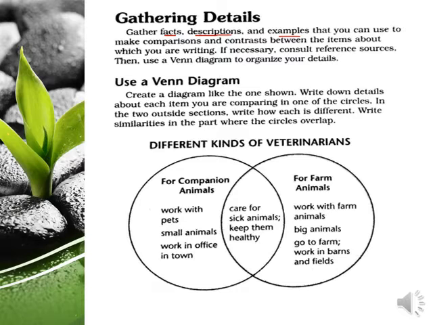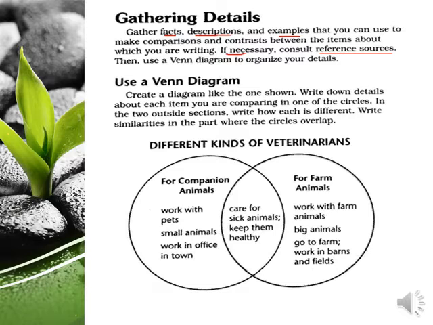You can choose something, you can write about something that you have very little knowledge about, but you have to do research and find some facts and read examples, and maybe also not only read and do research, but also you can ask people their opinions and give these details as examples in your writing. So if necessary, consult reference resources. Here, like we said, do some research.